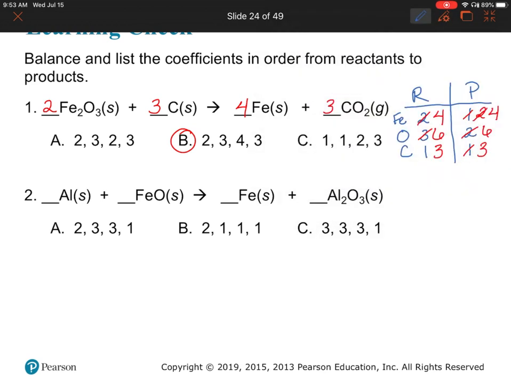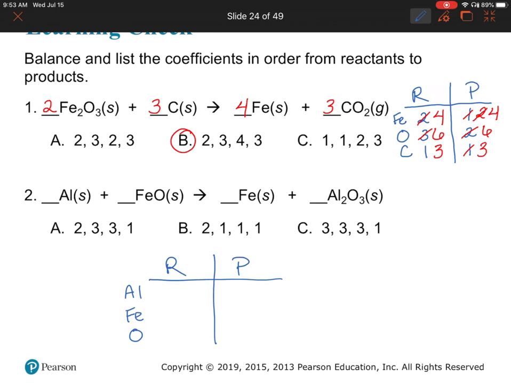All right, so now let's do the second one. In this reaction, we have aluminum reacting with FeO, and that's producing pure iron and Al2O3. Okay, so it looks like our elements are aluminum, iron, and oxygen.